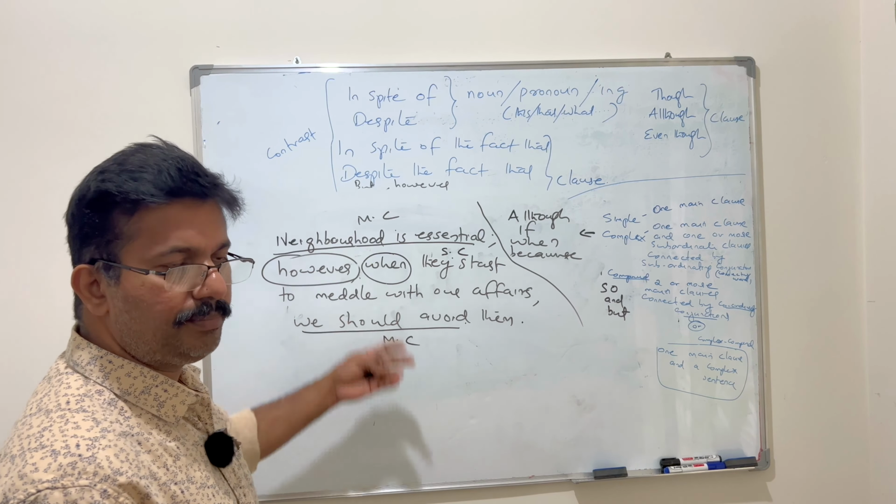Look at this example. There are two main clauses and an extra subordinate clause. It is a compound sentence. This is also called a complex compound because there is a complex sentence in that. And in total, this is a compound sentence. All right. Does that make sense?